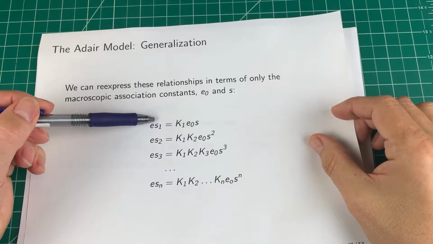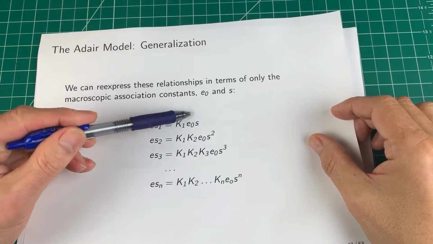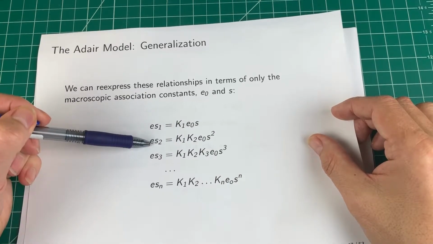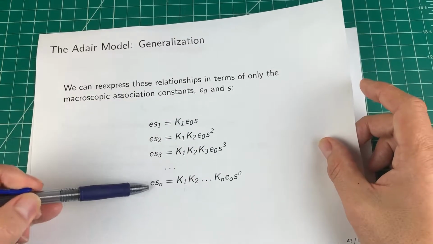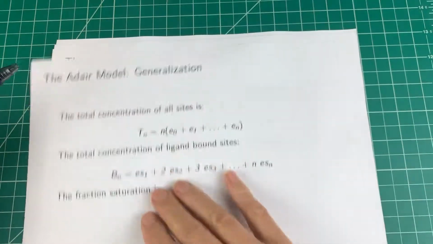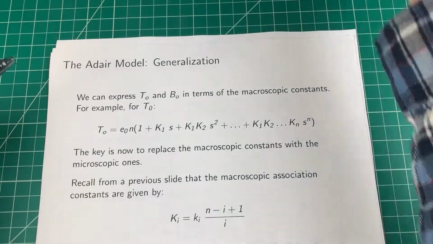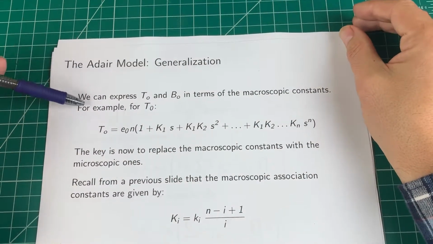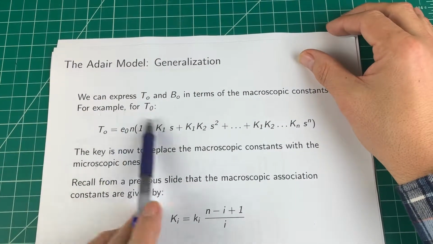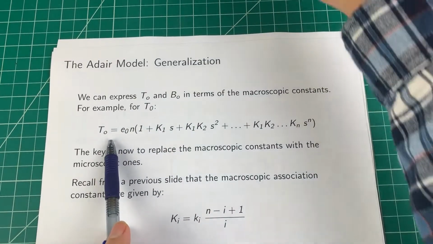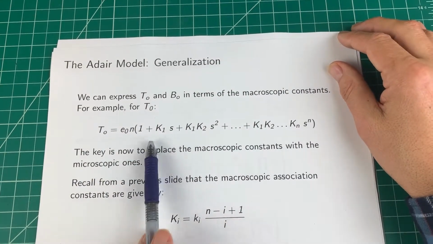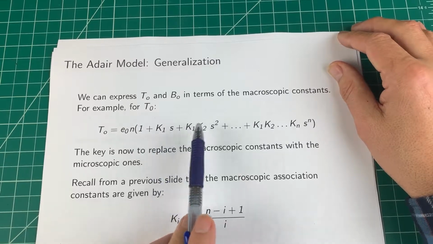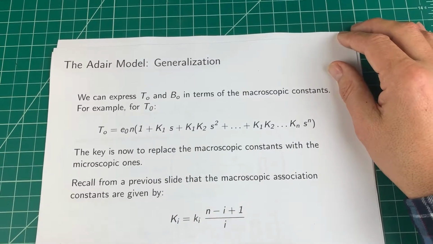Every time I find an ES1, I'll substitute in that. Every time I find an ES2, I'll substitute in that, and so on, all the way down to ESN. Okay. All right. So, for example, the denominator ends up like this. Each term I've substituted in one of those terms you saw before.